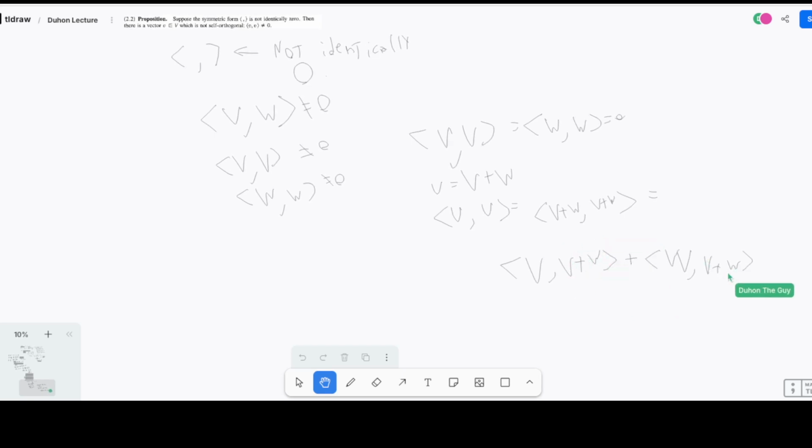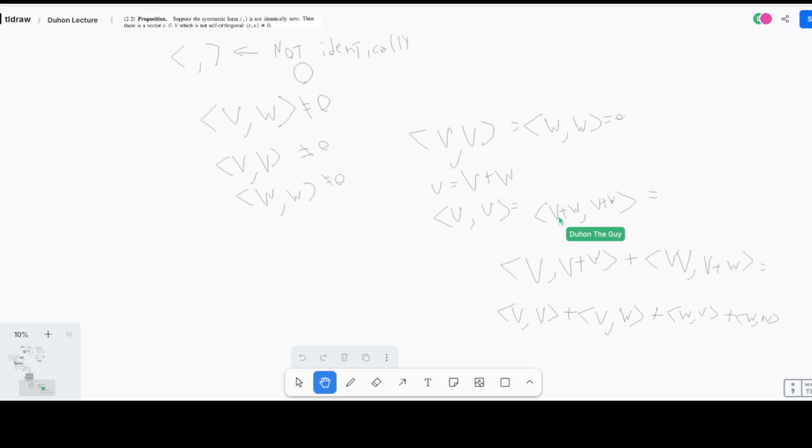Now we separate these too. So we're going to have v with w plus w with v, plus the v-v and w-w terms. These two are equal, by the way, because, again, symmetric.